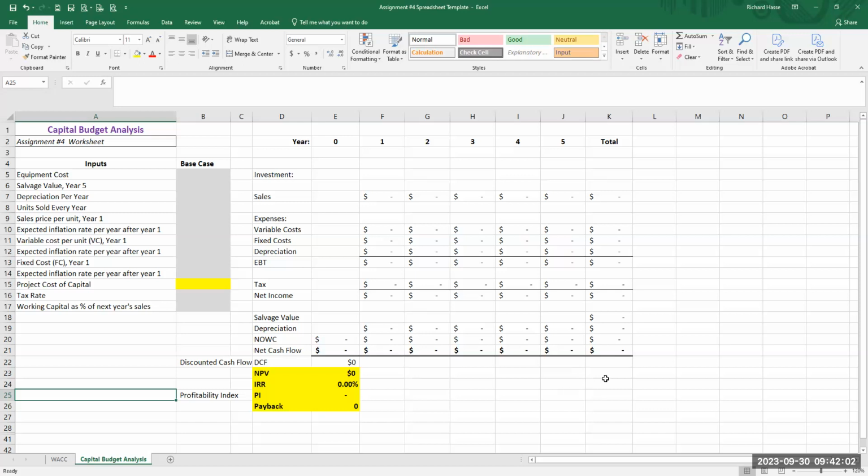Once you do that, determine the discounted cash flow using your cost of capital, and then calculate the NPV, or return in dollars, the internal rate of return, the return in percent, the profitability index, the return in a ratio, and the payback in years. And that'll give you all the data and all the reason to interpret this in the second part of this assignment, the 1 to 3 page paper.